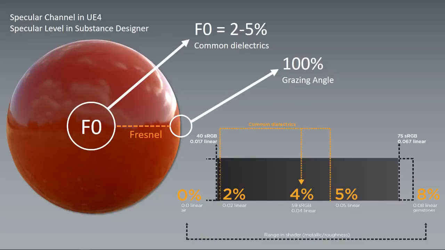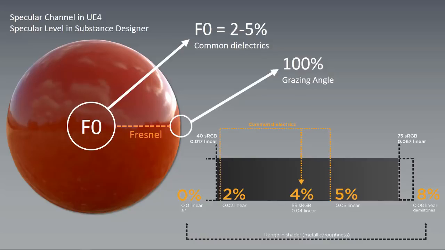Inside the UE4 shader, the value range for that specular channel is actually going from 0% to 8% reflective. And the UE4 shader's range is only a value between 0 and 1. So it takes this 0 to 8% and remaps it to 0 to 1. So at 0, we're getting 0, and at 1, we're getting 8%.